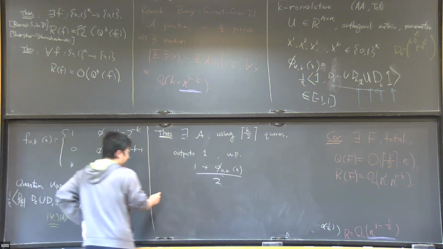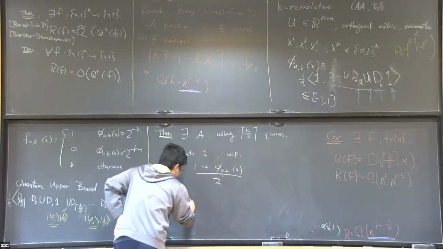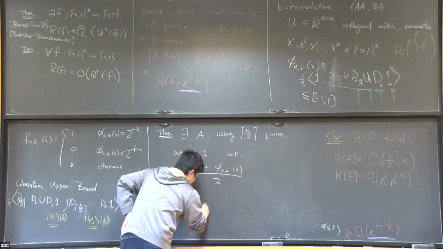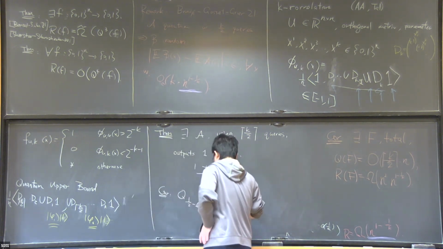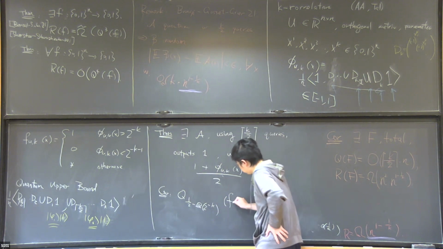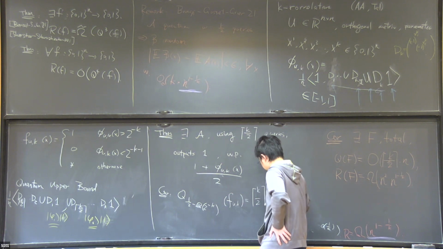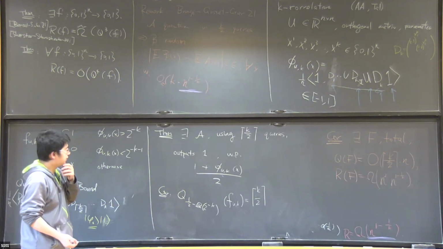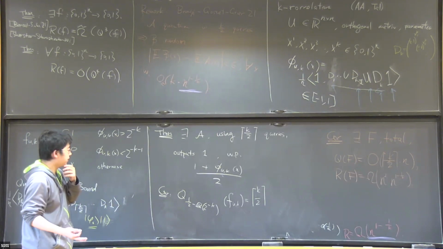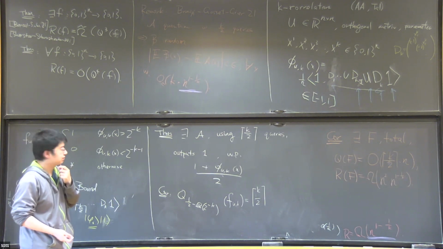So basically it says that the quantum query complexity with respect to an error parameter of a half minus 2 to the minus k is k over 2. If you really want the error parameter to be a third, you can repeat your algorithm a few times.